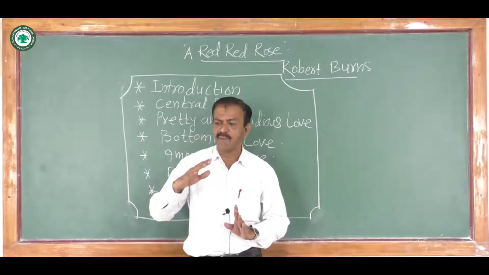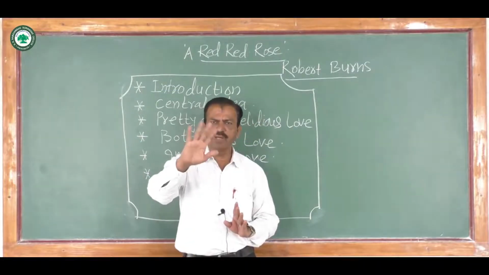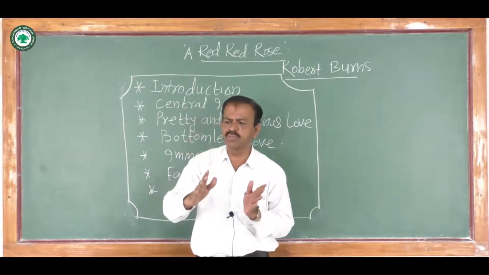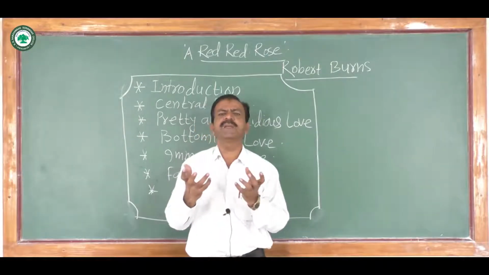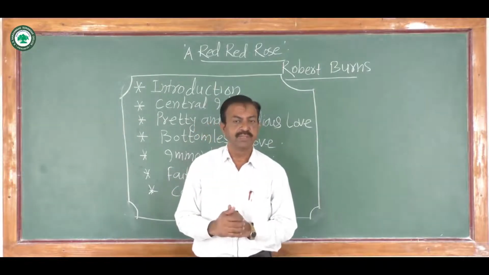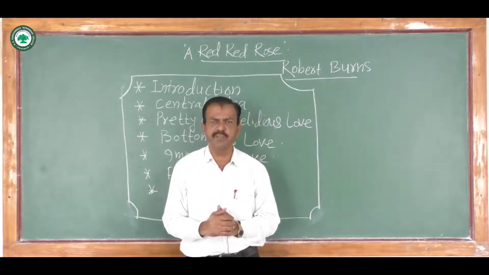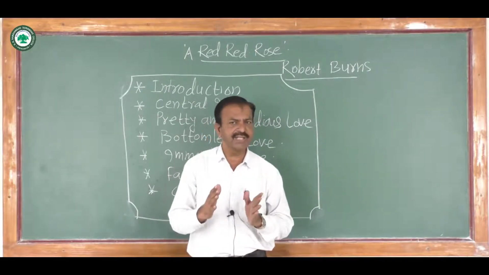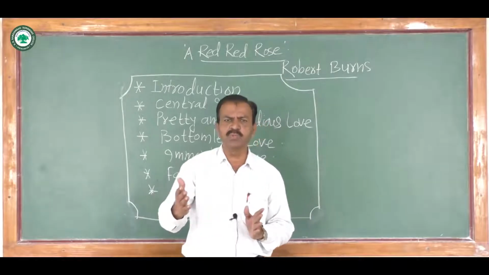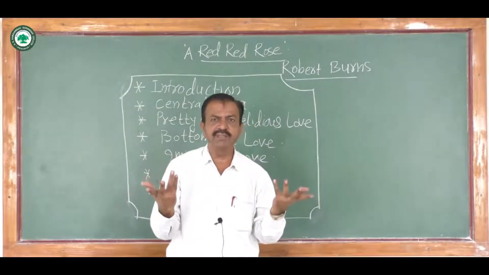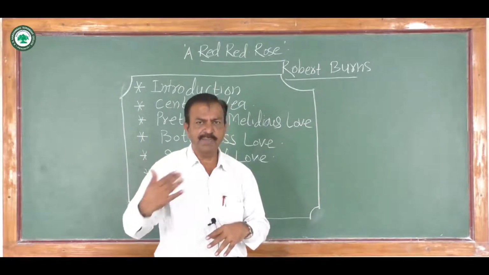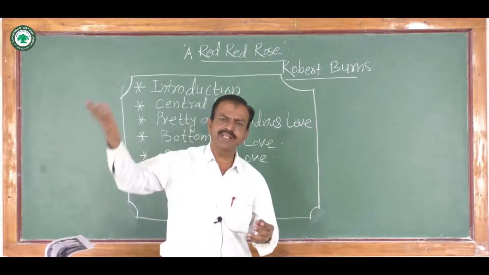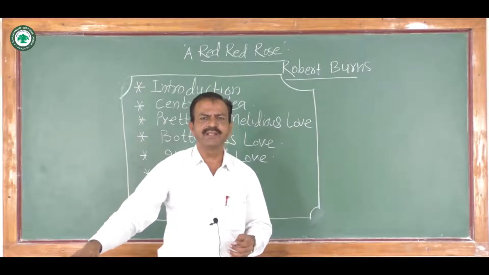Farewell means he is going to depart from his beloved for a specific time. The reason is not mentioned in the poem, but the speaker says, I am going to depart from you. Maybe it is death, but if he is departing due to death, he says, I will come again.